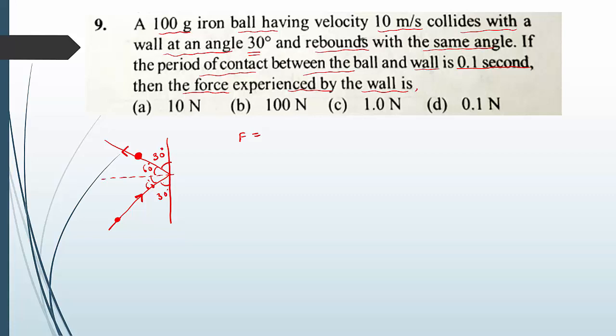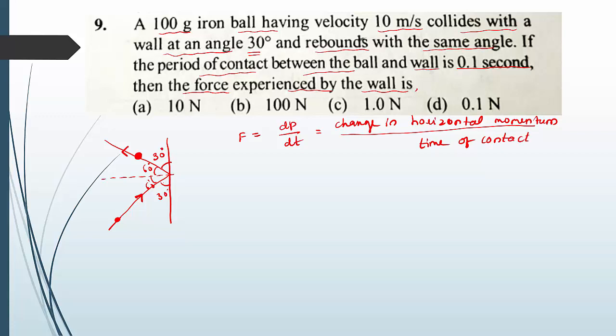So we can write force equal to, generally we can write dP by dt. This equation we can use. So dP by dt means what? This is the change in horizontal momentum with respect to time. This is the time of contact with the wall.